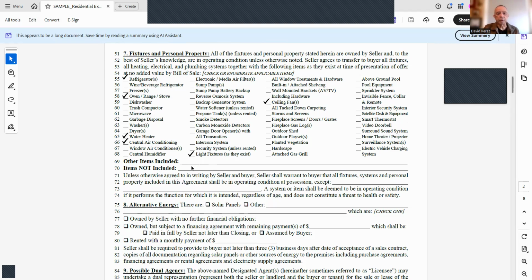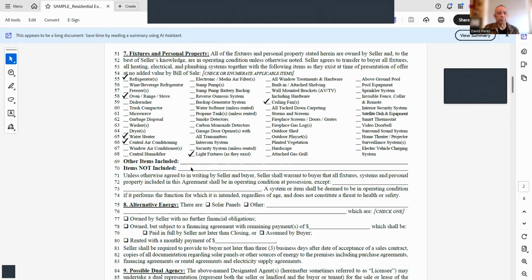Like let's say you have a chandelier that was passed on to you from your grandmother to your mother, and you want to keep it. You would write that in here so that you'll remove it. Obviously, you'll probably need to put in a regular light fixture to replace it.